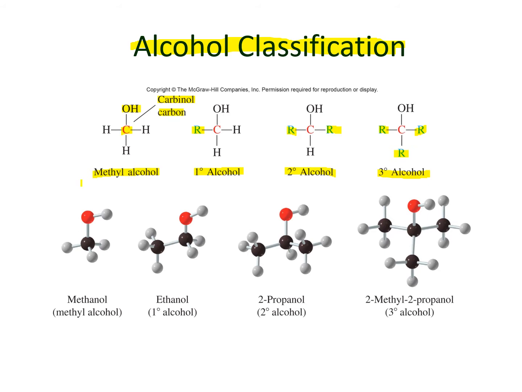This methyl alcohol is more commonly known as methanol. An example of a primary alcohol is ethanol, for a secondary alcohol it's 2-propanol, and for a tertiary alcohol the example is 2-methyl-2-propanol. These are a few examples that you must memorize for alcohol classification.